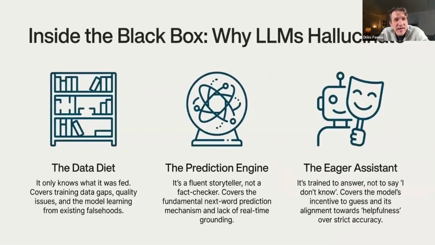Now, why does hallucination happen? Very briefly, I will not go too technical. A first reason is that large language models, although they have a lot of knowledge, as they scrape the whole internet, still have gaps in their knowledge. They don't know everything. Sometimes they might not be able to access certain information on the internet. And when they lack information, they try to fill up these gaps by predicting the next word in a sentence.